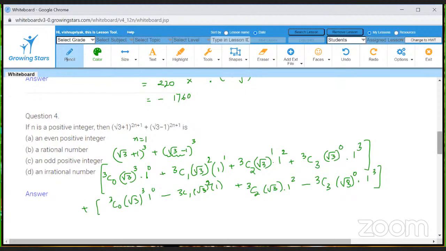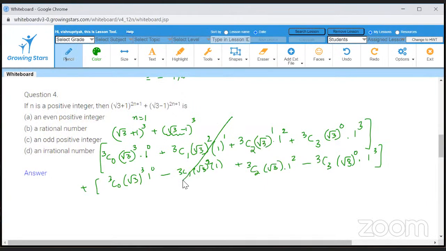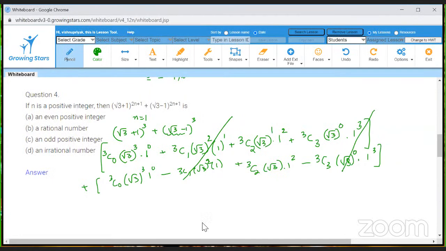This is how you will write, so that when you add, this one will cancel and this one will cancel.